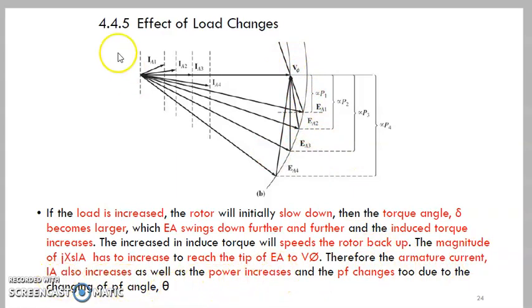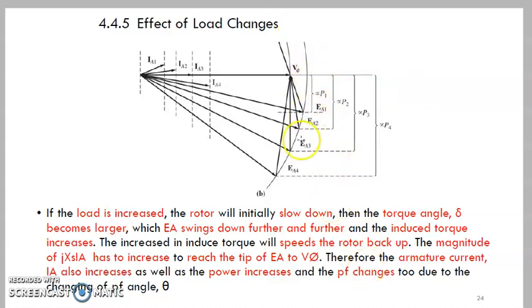Instead of IA1, the magnitude will increase to IA2, 3, 4, and likewise the power P1, P2 will increase. The further it goes down, the higher the power. The power factor also changes, due to the changing power factor angle between IA and V phase.